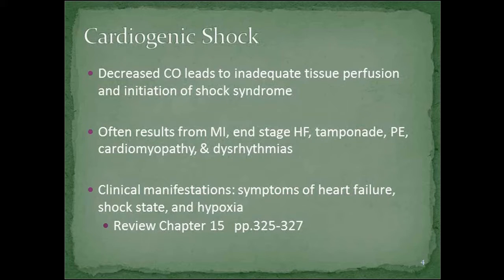So the causes can be coronary or non-coronary in nature. Coronary causes of cardiogenic shock would be MI, the direct result of an acute MI leading to lack of oxygen and heart muscle damage, and then the patient goes into cardiogenic shock as the result of that.